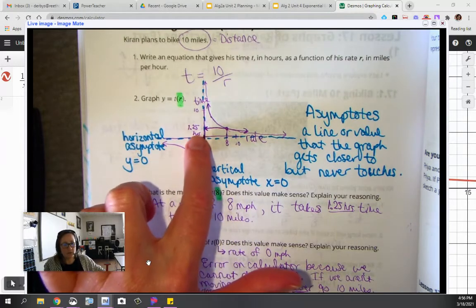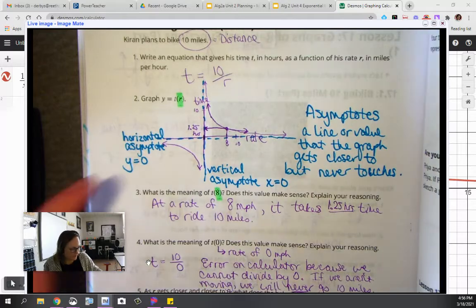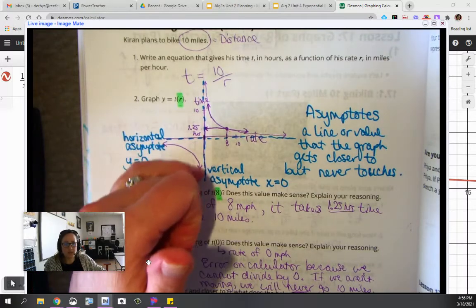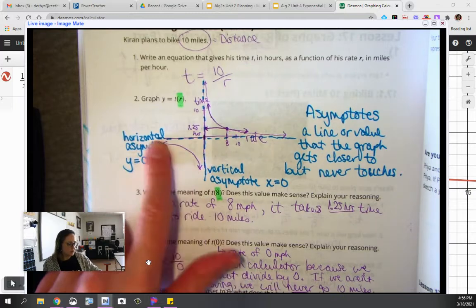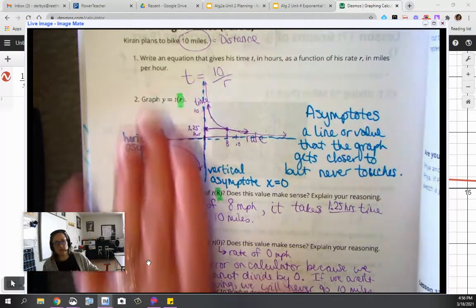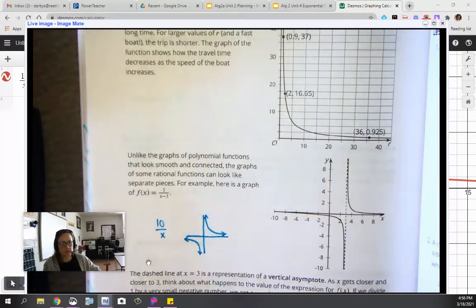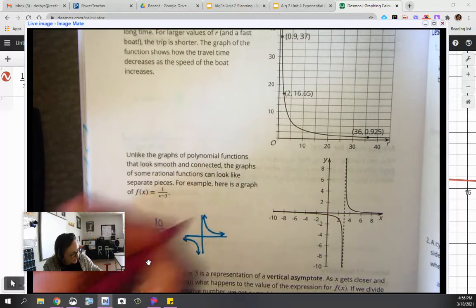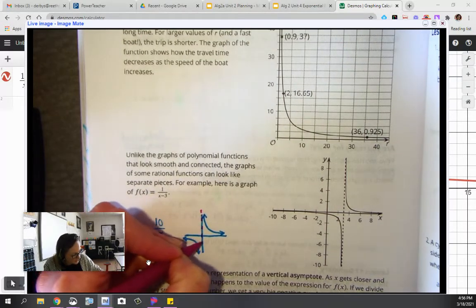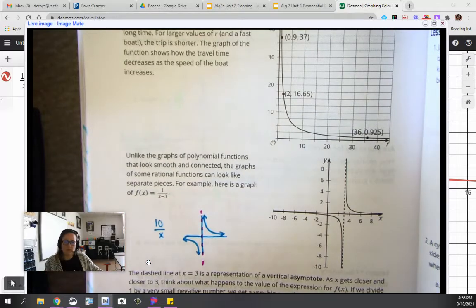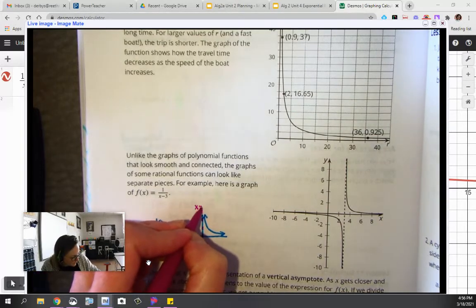Because that's saying if we go a negative rate, that would mean like I'm pedaling backwards or something. Or a negative time, which means now we're inventing time machines, not just teleporters. Neither of which exist. So we ignore that part in reality. But those parts of our graphs really do exist. And when we had an x in the denominator, we said we can't divide by 0, so our asymptote showed up at x equals 0.